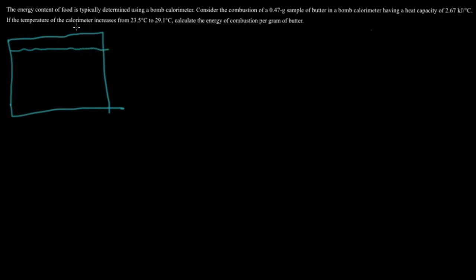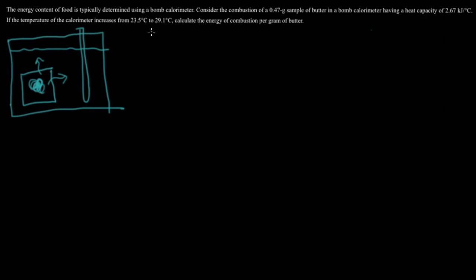It's filled with water, usually has a thermometer in it, and it has a combustion chamber. In this combustion chamber is where the reaction occurs. So you usually have some substance in there, and when it combusts, it releases energy into the water. And we can measure the change in temperature of the water to measure the energy change.